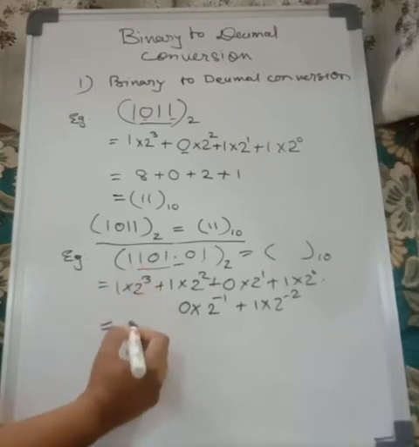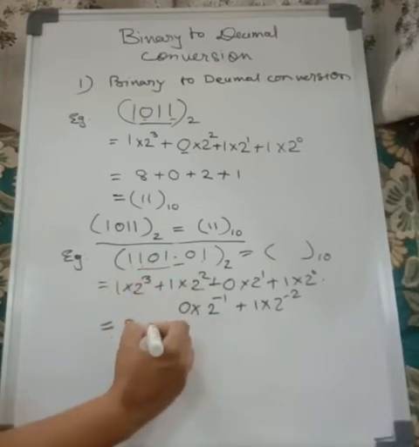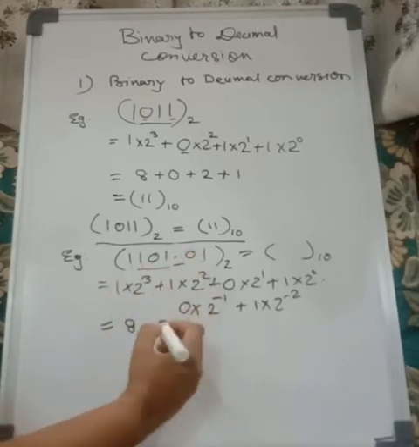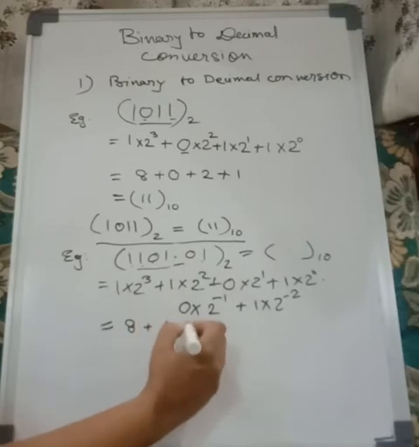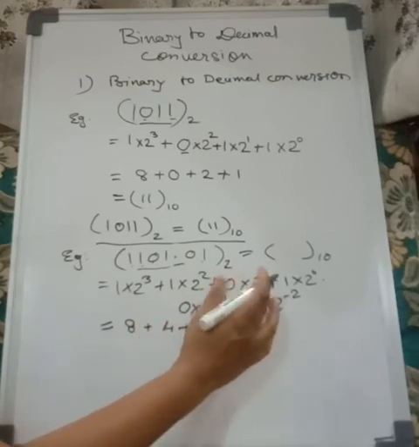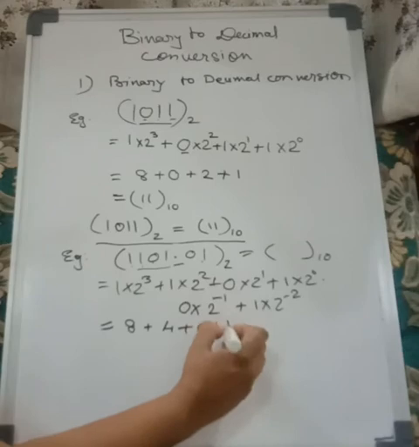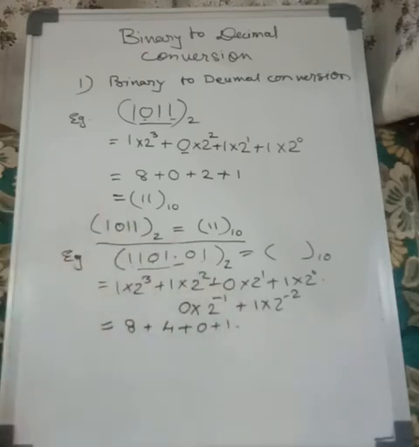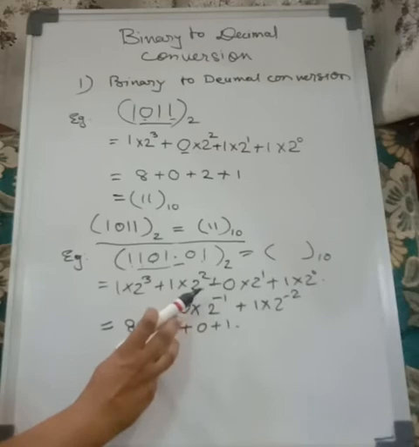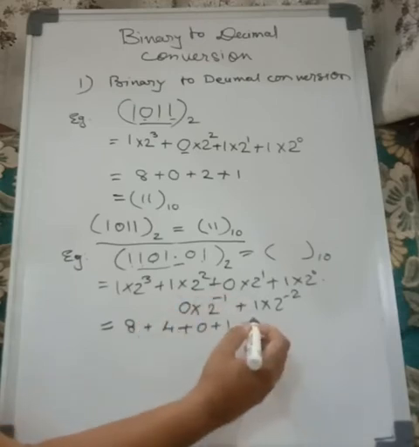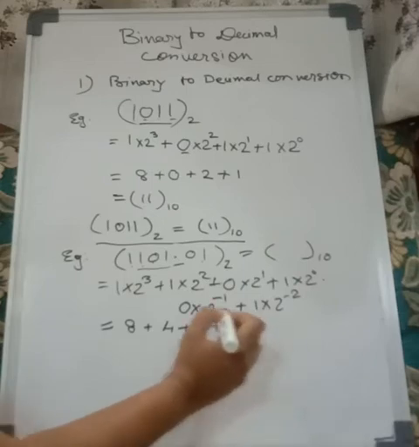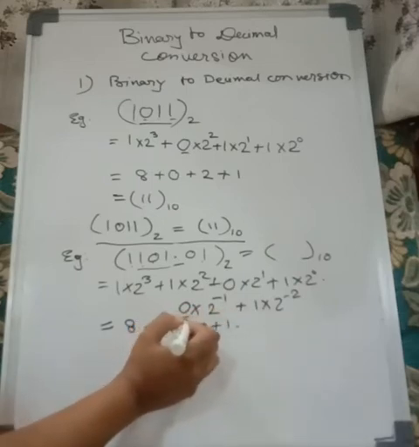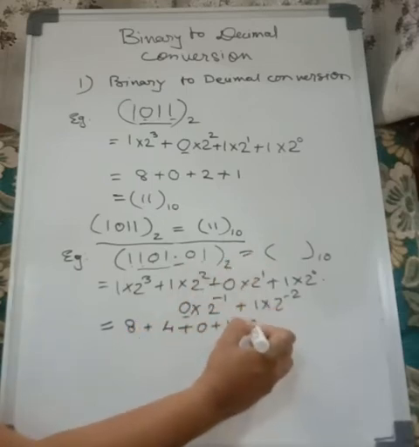So this will come out to be 8. This will come out to be 2 2s are 4, then 0, then 1. Here it is point. And what will be this? 2 to the power minus 1 will be 1 by 2, or you can write 0.5, but here we have 0, so the term will be 0.